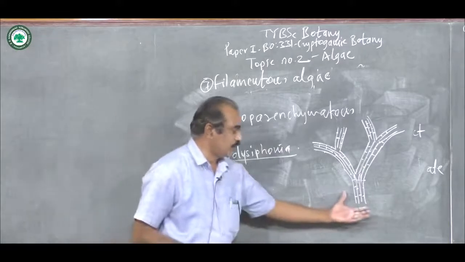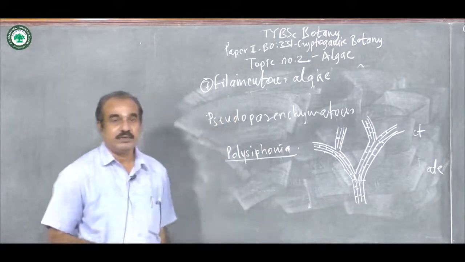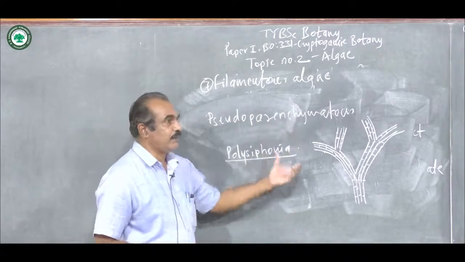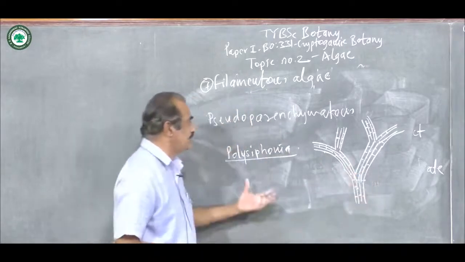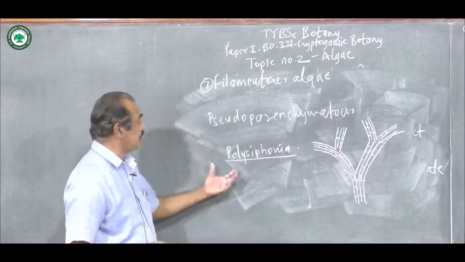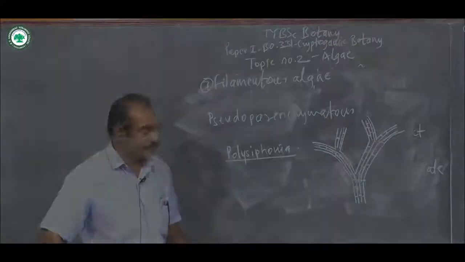Such a type of structure which is multiseriate is called pseudoparenchymatous, and it is branched also, and the example of this pseudoparenchymatous structure is Polysiphonia.